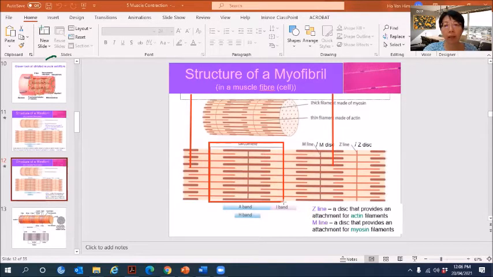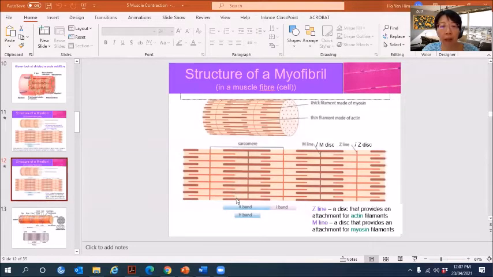When the muscle contracts, the actin filaments move into the space in between the thick filaments. There are labels for this structure so that you can name them and indicate which part you want to mention. This one you have to memorize, very easy.